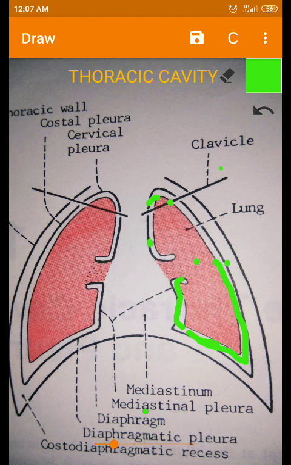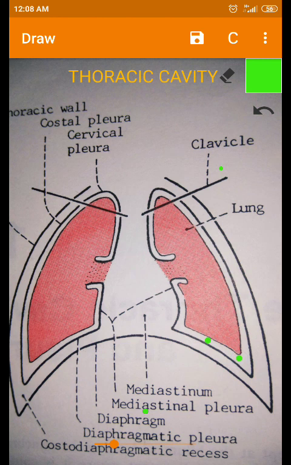If it is filled with air, such a condition is called pneumothorax. If it is filled with any other type of fluid, that is called pleural effusion. If sometimes blood is filled in this space, it is called a hemothorax.